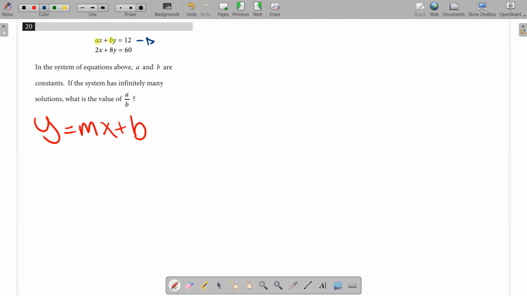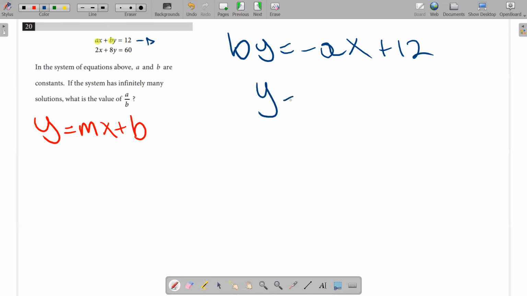In fact, I will move the ax to the other side and I get by equal negative ax plus 12, right? And then I will divide both sides by b and I will get y equal negative a over b x plus 12 over b, forgive me.